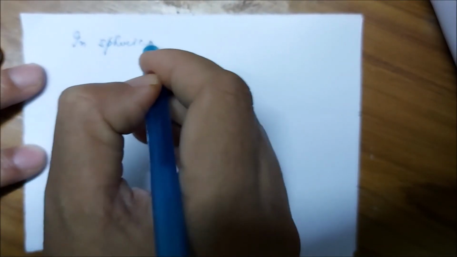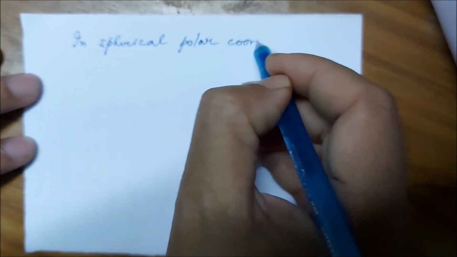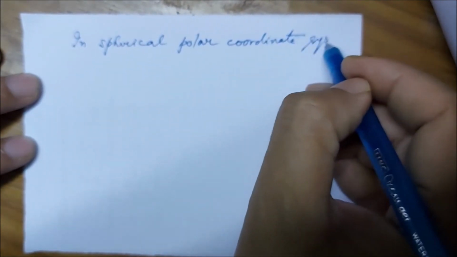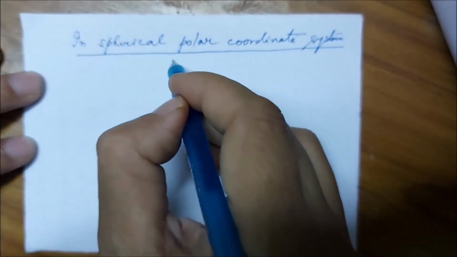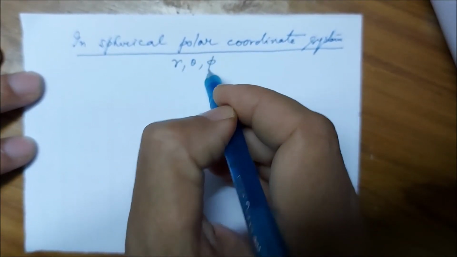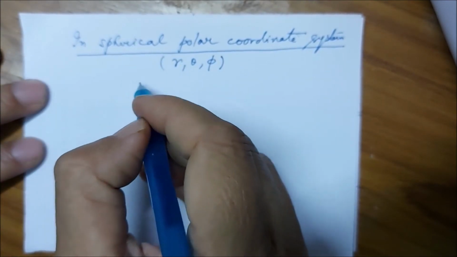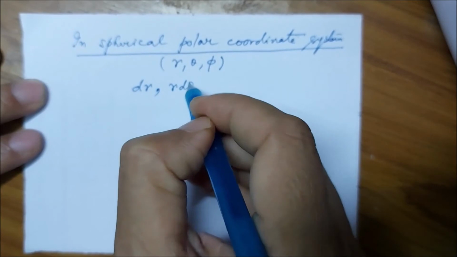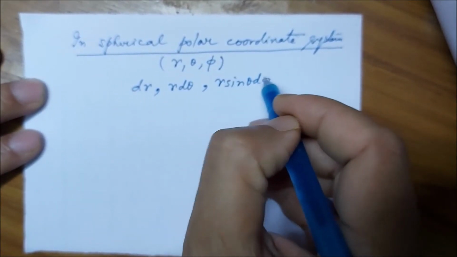In spherical polar coordinate system, that is in r theta phi system, the length elements were dr, r d theta and r sin theta d phi.